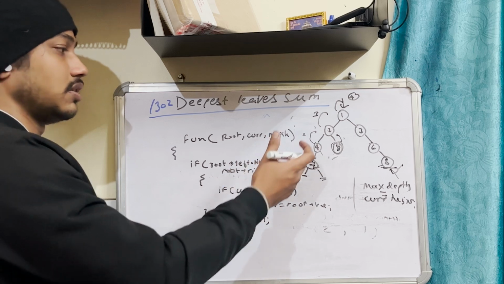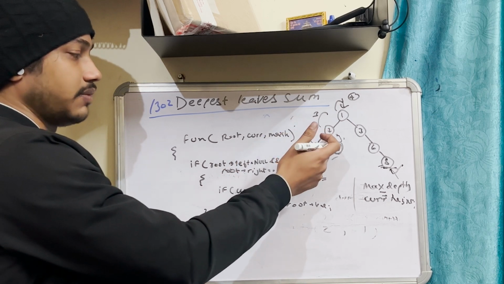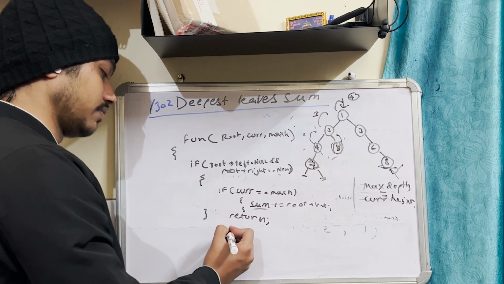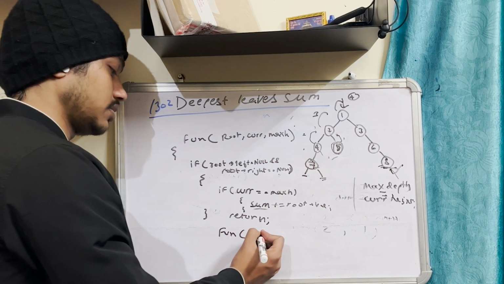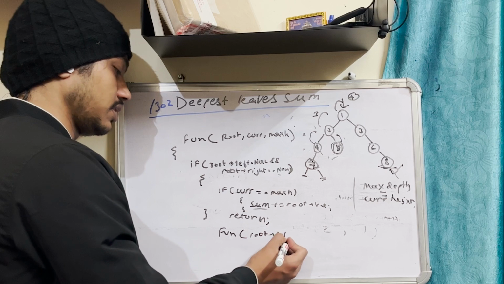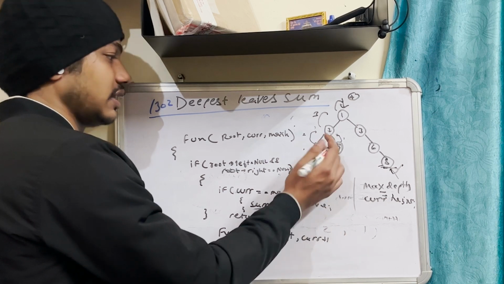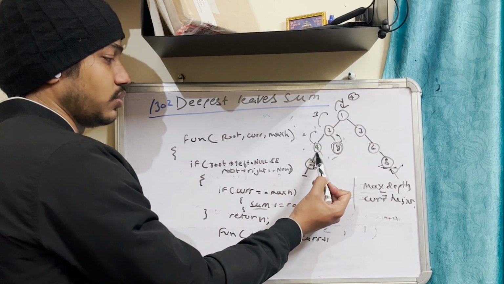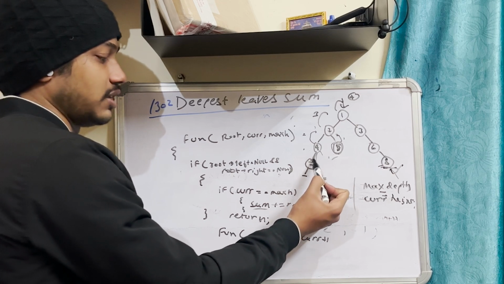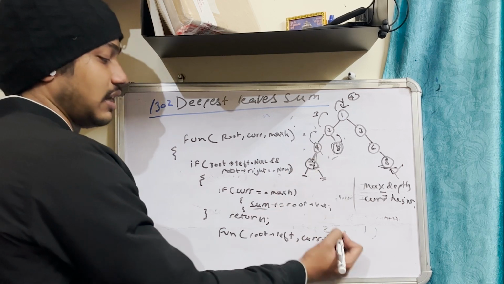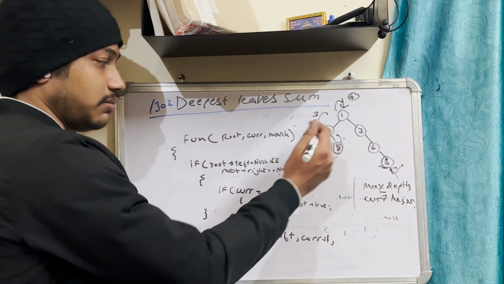Otherwise we want to go left and right, so we'll call the function and pass root arrow left if left exists, and current height plus 1. If we are standing at any node and want to go deeper, you increase the height as you go to the deeper level.